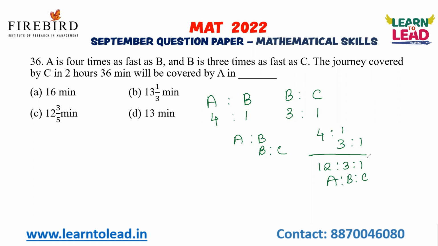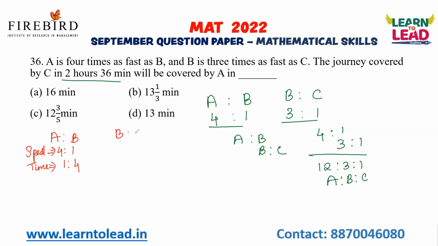Right? See, one thing here, they are asking time. So here I have written the speed ratio. Now what you have to do is you should write the time ratio. If the speed ratio of A and B is 4:1, because speed and time are inversely proportional, the time ratio is 1:4.